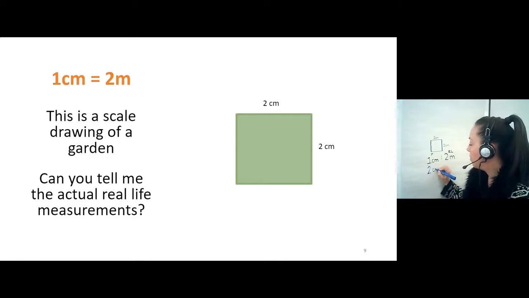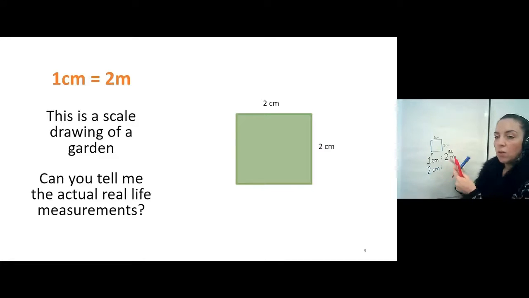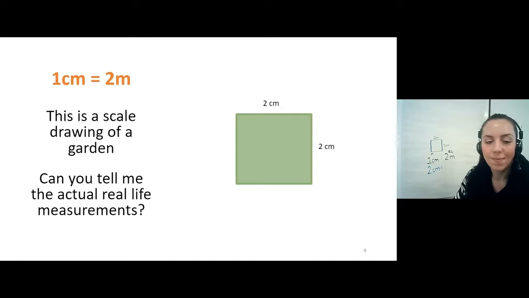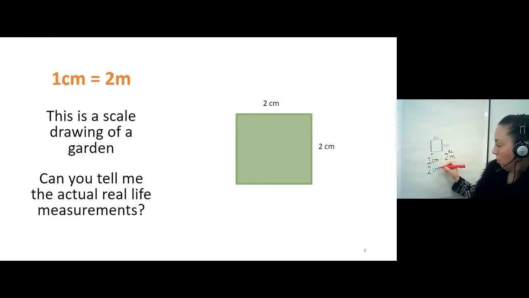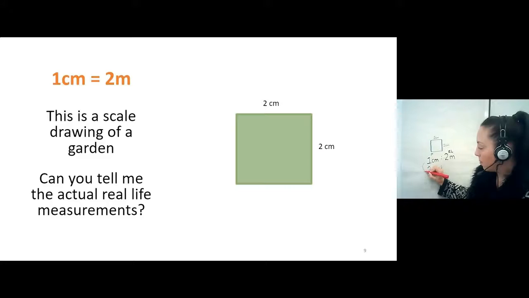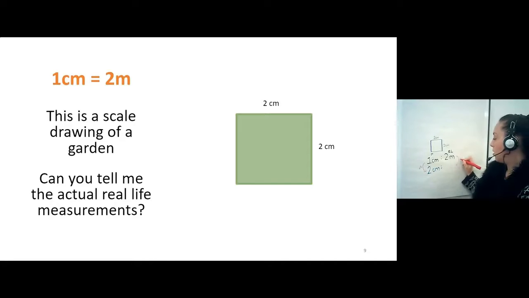We pop our 2 centimetres in. And it works either way. Even if you're told the real life measurement and you need to work out the scale measurement, you would pop in whichever side you know, and you do the same method, whichever way round it is. So let's have a look. So we've increased this side by 2, because 1 times 2 is 2. So we increase this side by 2 as well.